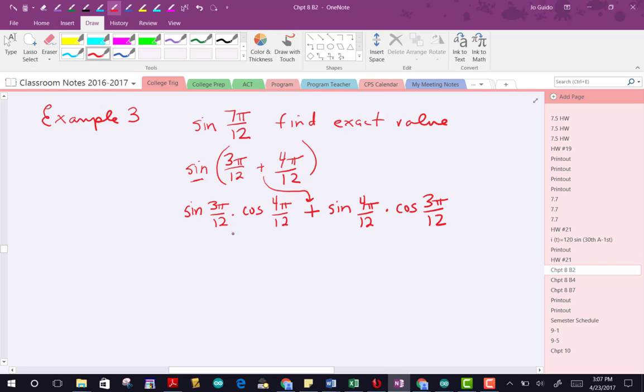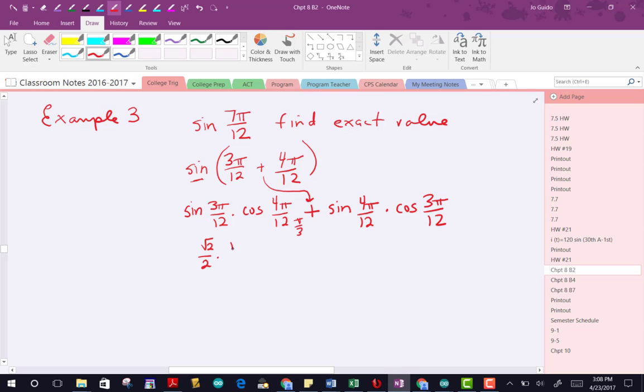The sine of pi over 3 is square root 3 over 2. And the cosine of pi over 4 is square root 2 over 2. So this simplifies to square root 2 over 4 plus square root 6 over 4. And once again, we can factor out the fourth, and we should get an answer that looks something like that.